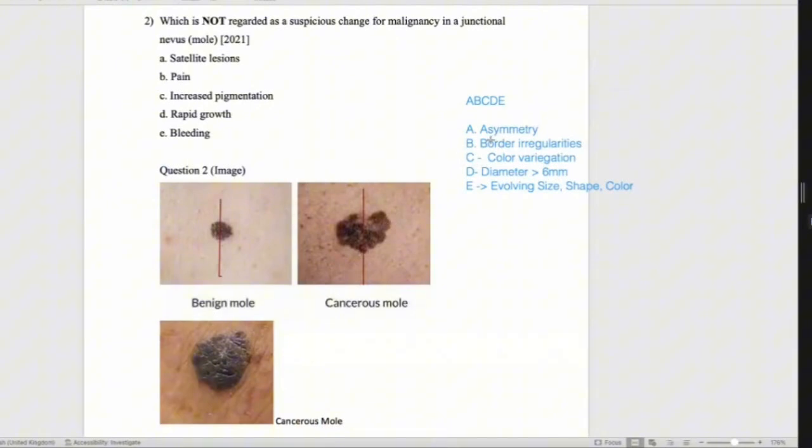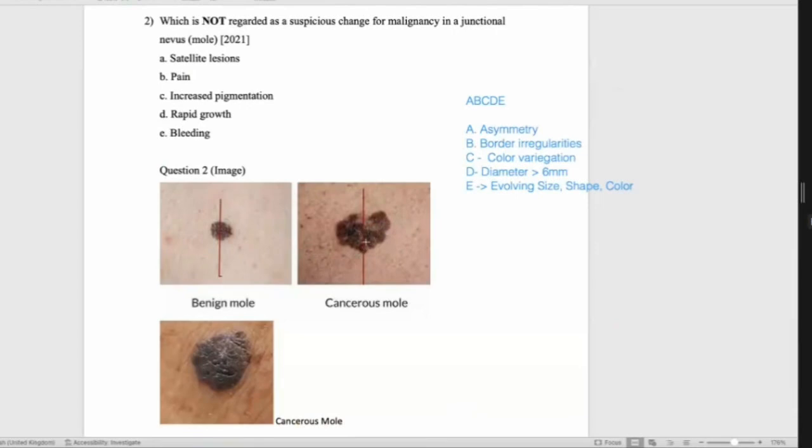So that's asymmetry. Border irregularities, if you look at this picture here on the left, where I have a benign mole, the border is pretty normal. It's pretty smooth. It follows a particular pattern. It doesn't go wavy like the image on the right, right? And then color variegation just means you have different colors in the mole.